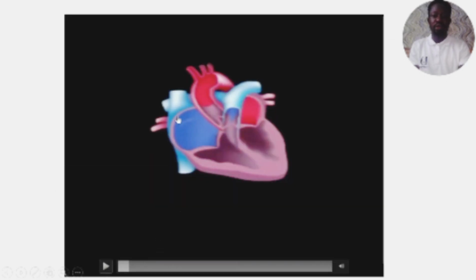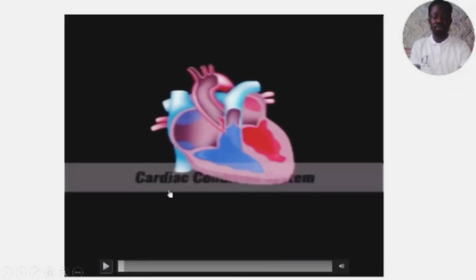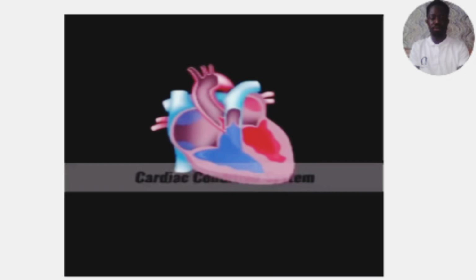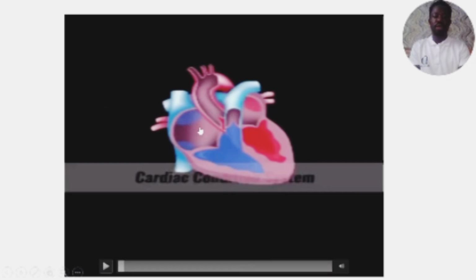So you can see the contractions of the heart firstly taking place here. You see the blood coming through the pulmonary vein to the atrium here in red. Just for understanding, the blood is currently filled within the right atrium. What's going to happen here is a contraction. After contraction, you see the atrium has already contracted, forcing the volume of blood from the atrium to the ventricle.